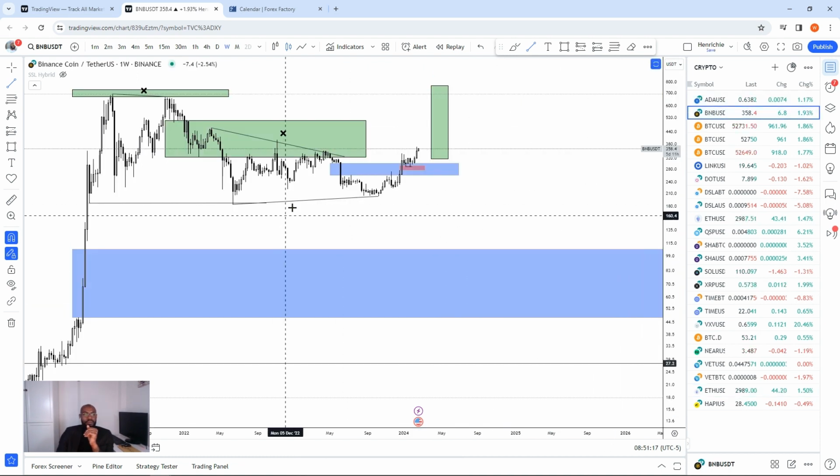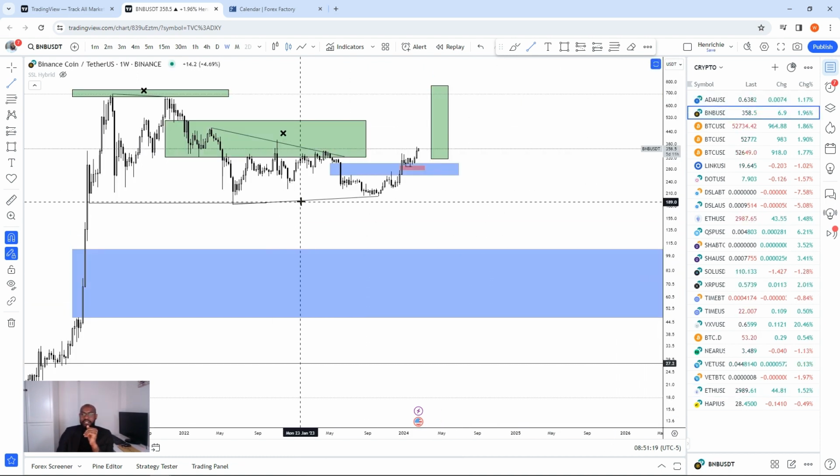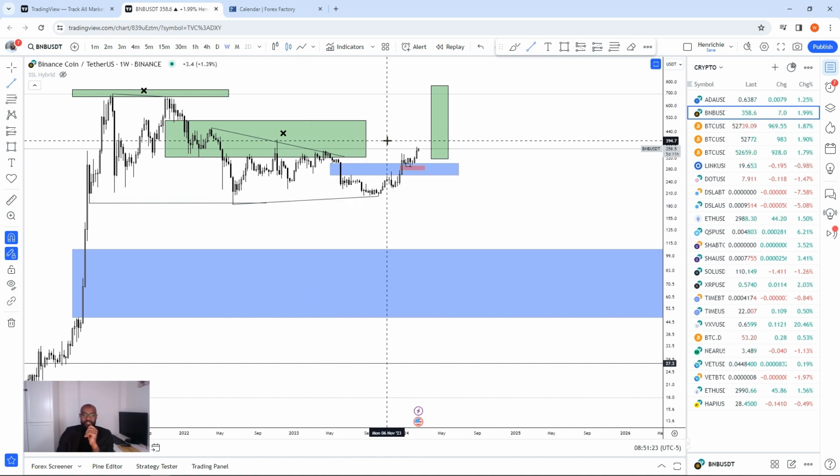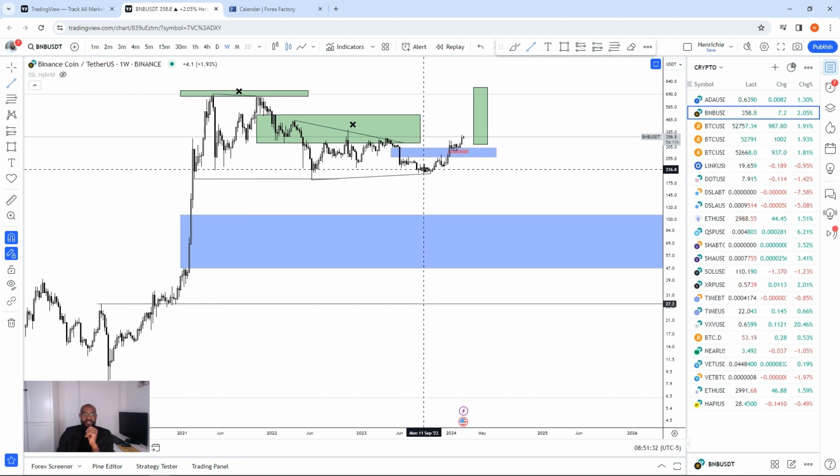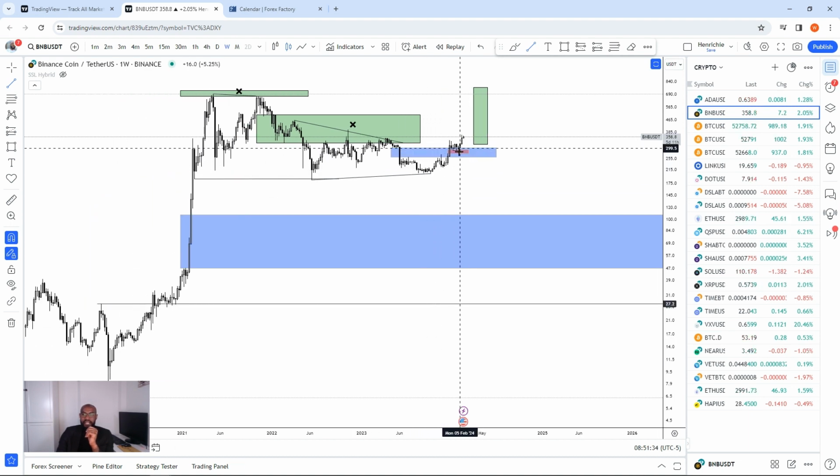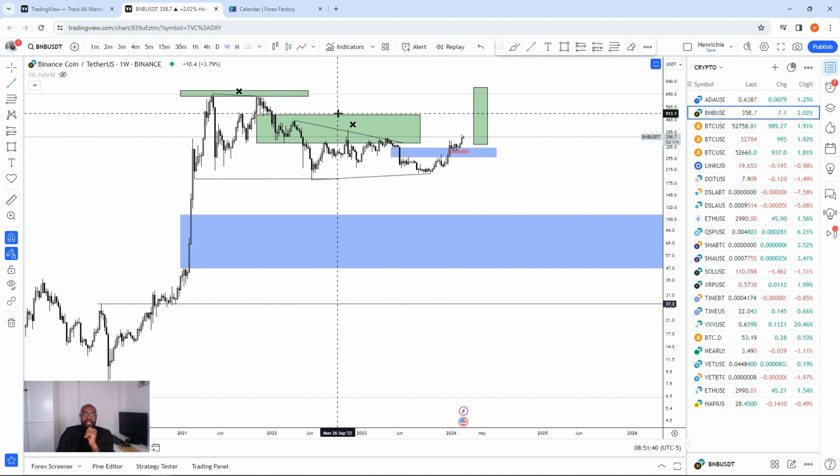So BNB seems to be the very slow one, but just don't allow the slow movement in BNB to make you feel like this is not priming for a huge run, because BNB could basically outperform Bitcoin and Ethereum when it wants to start expanding higher.